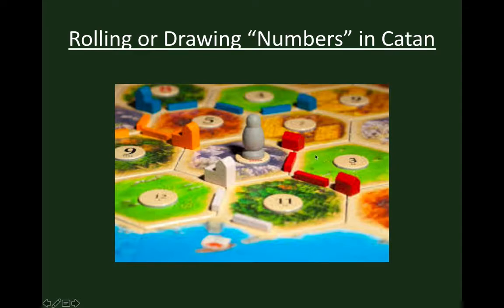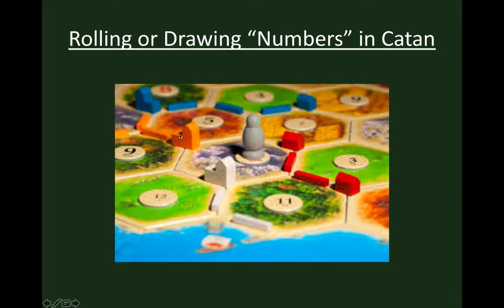The way it works is when you roll a number, if you happen to have a settlement, now this little red house looking thing is called a settlement, say that the number rolled is a 3, and you had a settlement here next to this, or at an intersection with this hexagon, you would get a resource, you would get a sheep.